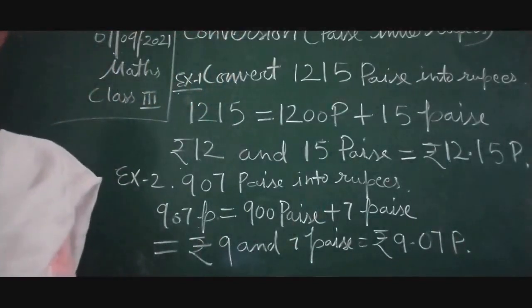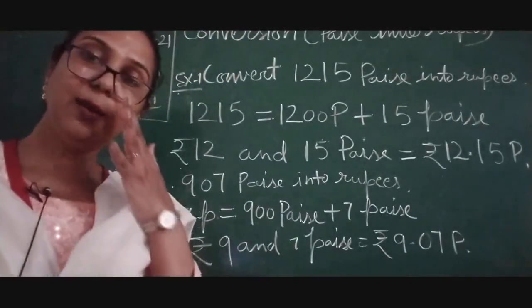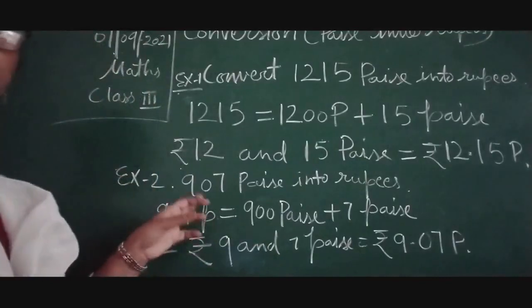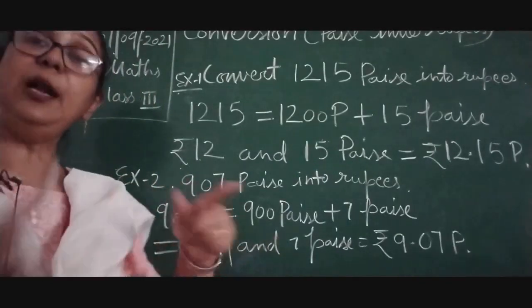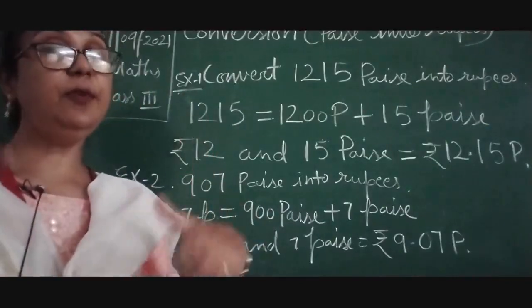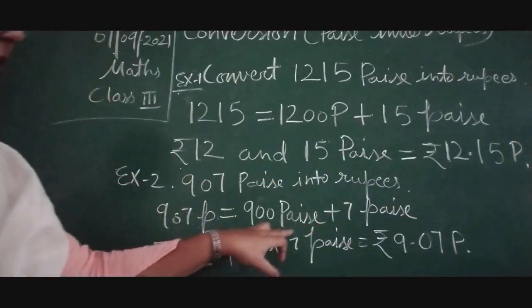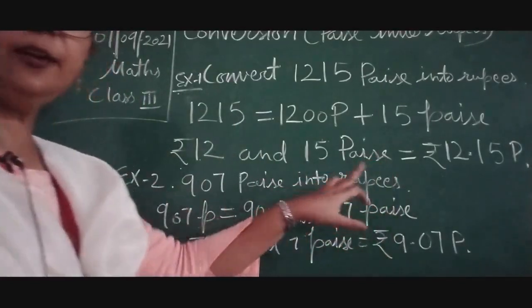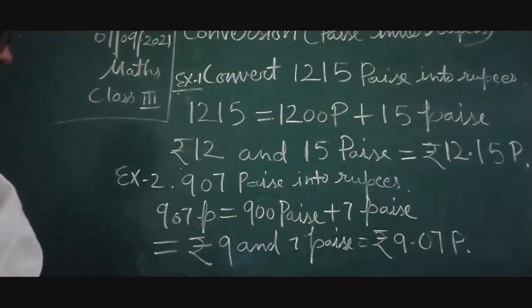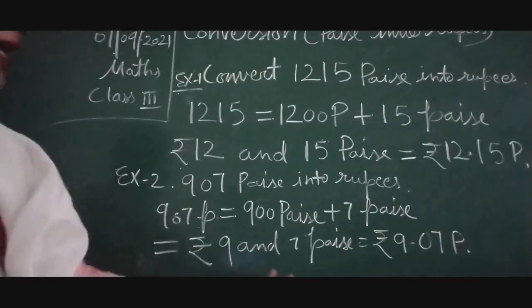Simply we will do it, children. Nothing is tough over here. Because 907 is there, if we multiply 9 by 100, we get 900. So we will write 900 paise first, then plus 7 paise. That is how we can convert into rupees 9 and 7 paise.